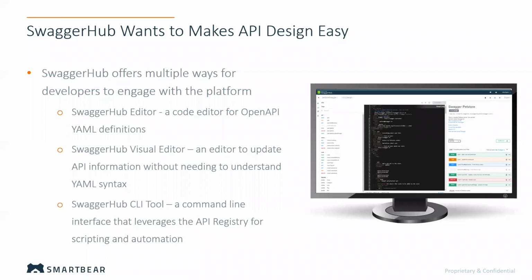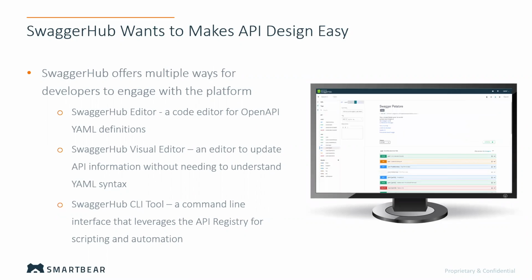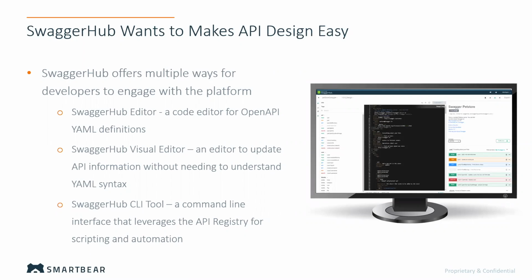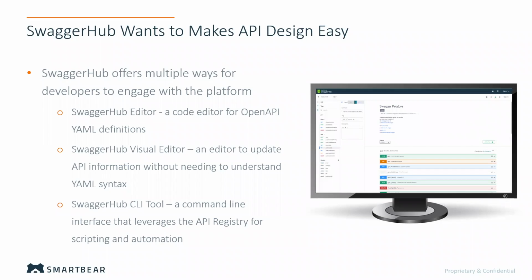Additionally, SwaggerHub wants API design to be done easily. We have the SwaggerHub platform today, with multiple ways to jump into API design from there. We have the ubiquitous Swagger editor, which is embedded inside SwaggerHub. We have a visual editor, which allows people to edit documentation without having to know the YAML.